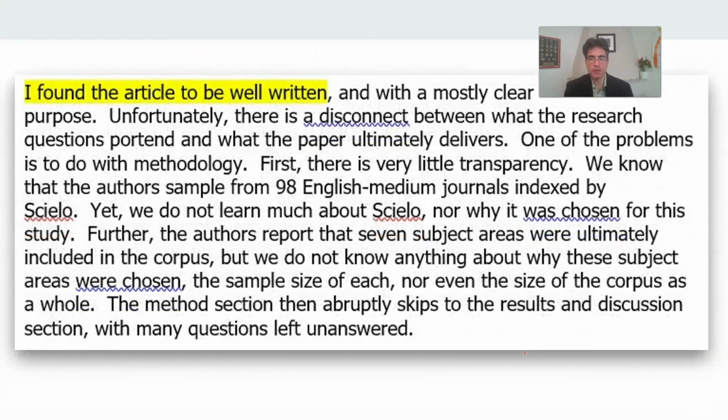And one thing I want to point out is this very first point that I make, which is I found the article to be well written. Well, it's true. The article was well written in the sense that the prose itself was fine. There were no issues with punctuation or spelling or grammar. The article was clearly well proofread.